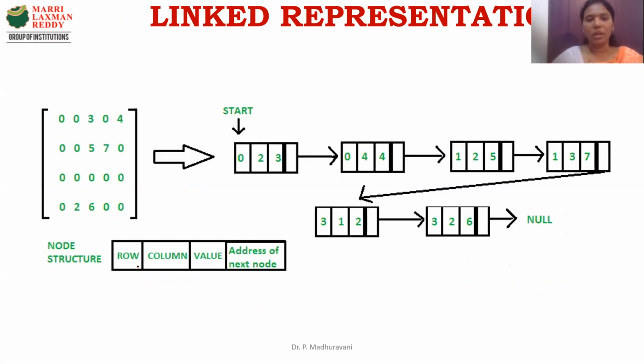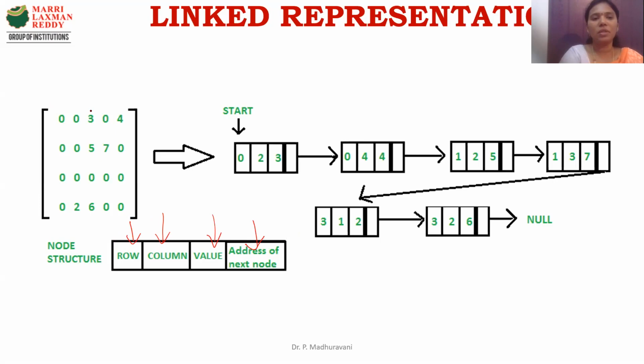Just see an example here of the sparse matrix which we are representing with the help of the linked list, where the structure of the node consists of 4 fields. The first field is the row, the second field is the column, the third field is the non-zero value, and the fourth field is the address of the next node.